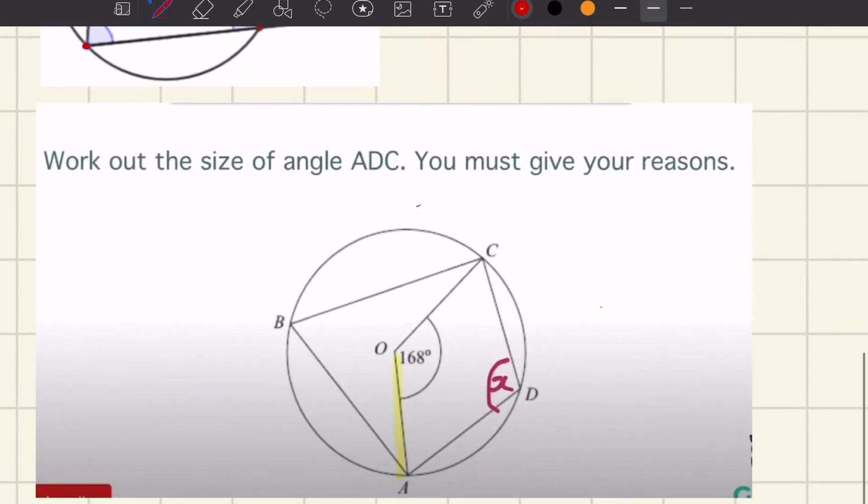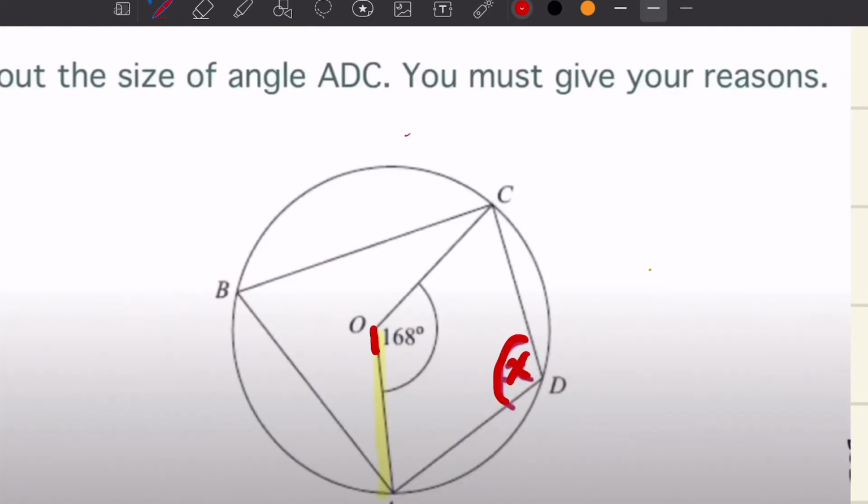And now let's try to solve an exam-style question. This question is asking us to find angle ADC, which I already labeled on the image. We can call it the angle x. And to solve this, we're going to use the third theorem. Angle AOC over here is a central angle, since the vertex is also the center of a circle.